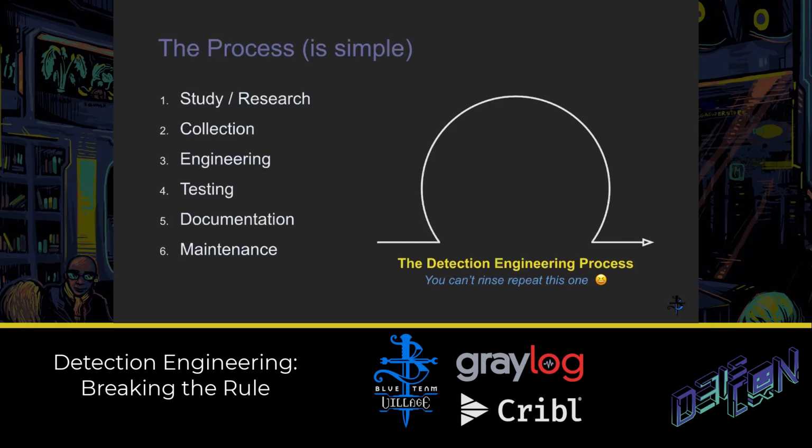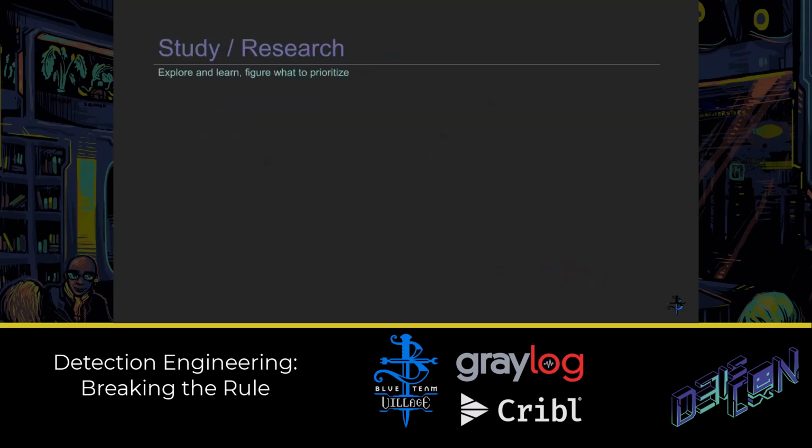So that's more of the process. We'll detail each section of this process and dive deeper into each of these sections and see what are the finer points there. Clearly, it's not a repeatable process, so there is no rinse repeat that can happen here. It's a journey that you got to take each of your detections through. All right, study and research.